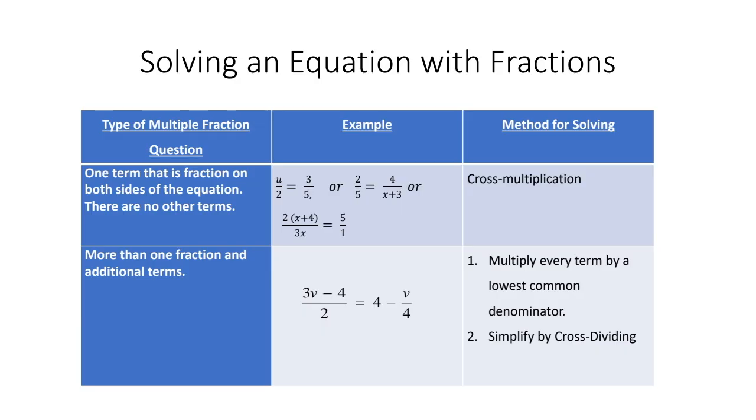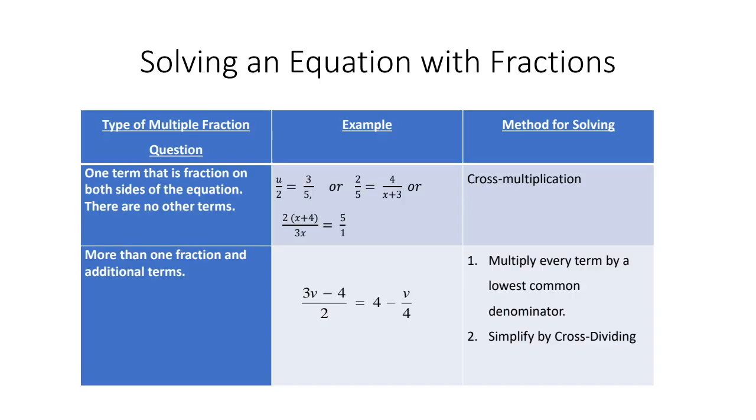Okay. Now we are getting into equations with fractions. So whenever we have an equation that has a fraction, there's two things we can do, essentially. There's two types of fraction questions. The first one is that we have a fraction on both sides of the equal sign.